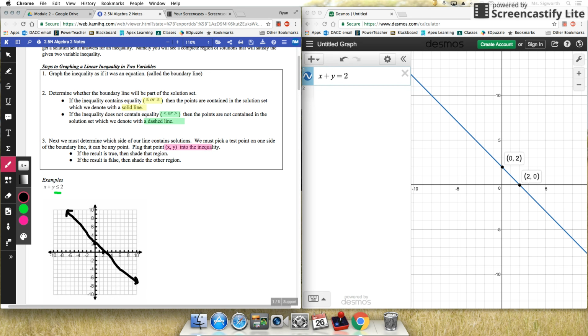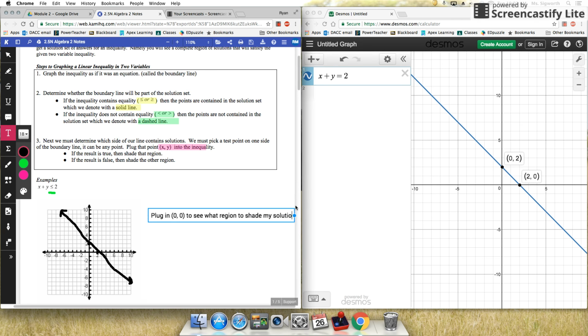And remember, because it's an inequality, it's a whole region that's going to be our answers that work for this inequality. So that's step 3. Determine what side we need to shade for our region of answers. And remember, I said to do this, we often plug in a point. So what I'm going to do is use, let me make my text a little bigger, I'm going to plug in 0, 0 to see what region to shade for my solutions.